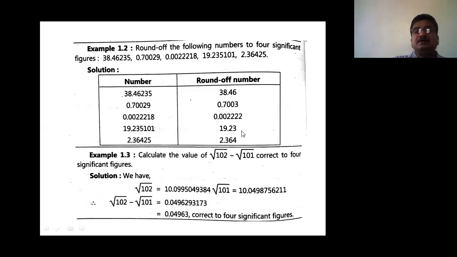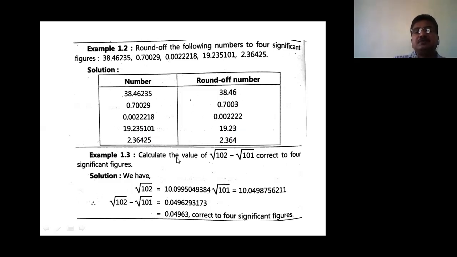We write here 19.24 because the discarded digit is exactly 5, and the previous digit is odd, so increase by 1. Here is the correction, right, 19.24. Similarly, here the digit 2 is less than 5, so no change in the previous digit.